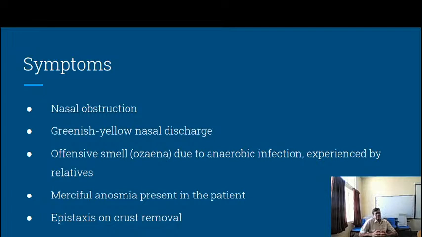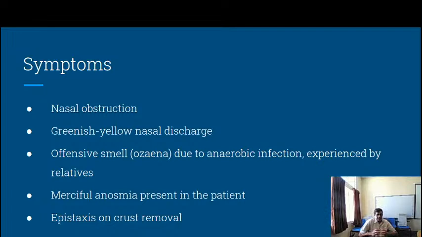Nasal obstruction may be because of the nasal crusts that form, which obstruct the nasal cavity. Then they may come with a complaint that when they blow, there is a greenish yellow nasal discharge. Sometimes the crusts themselves fall out.